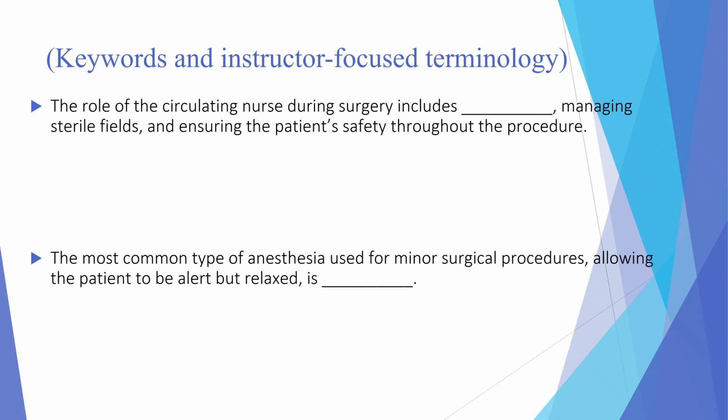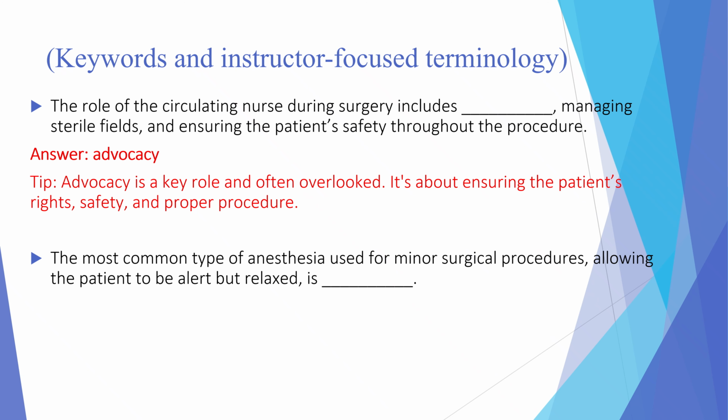So you see terminology. If you don't know the terminology, you can't answer. So it's advocacy. It's a key role and often overlooked. It's about ensuring the patient's rights, safety, and proper procedure. They have the right.